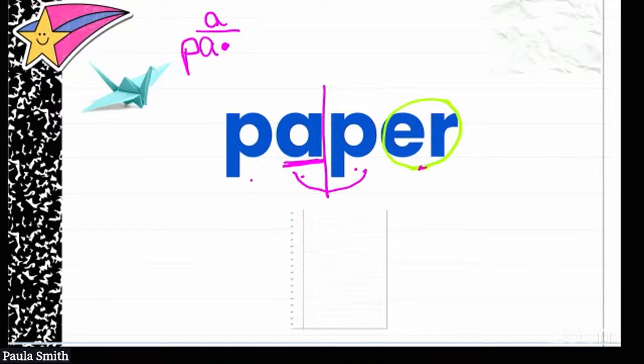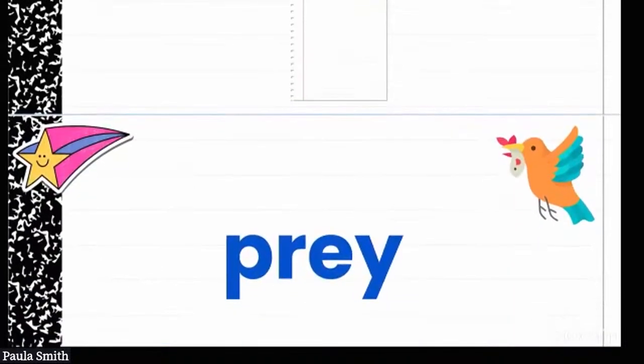And our next chunk is per. Notice how I held that sound while I wrote both letters? You want to do that too. I group those 2 letters together, and I'm also going to underline my spelling of long A. All right, let's keep going.